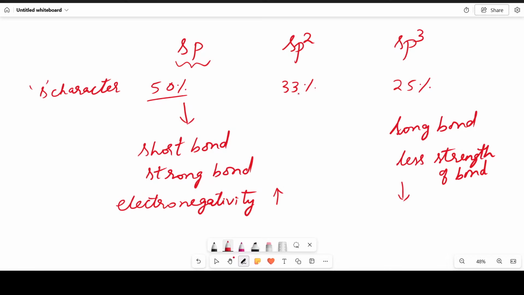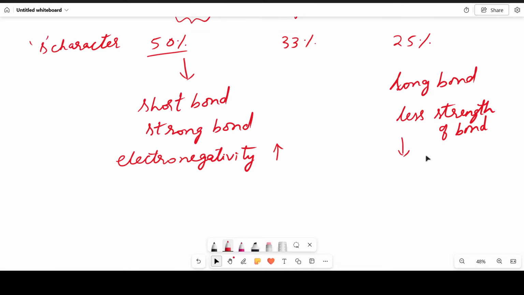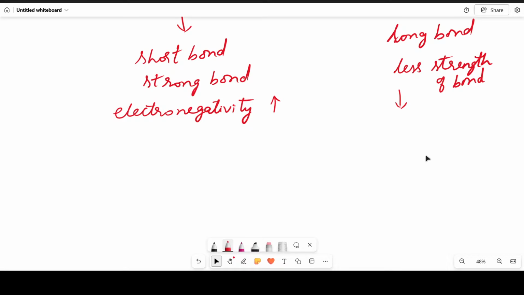Alright. And in sp2 it is moderate. It is in between both the properties. I hope this is clear, children.